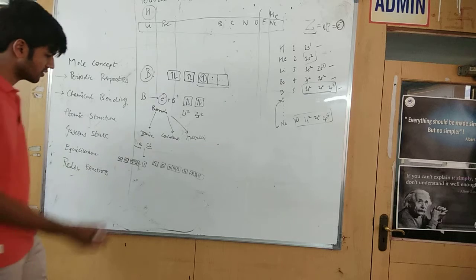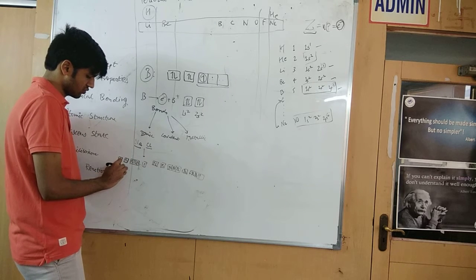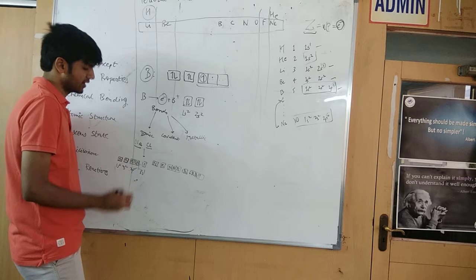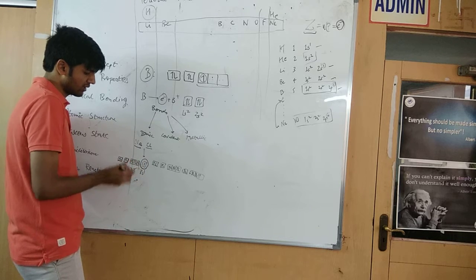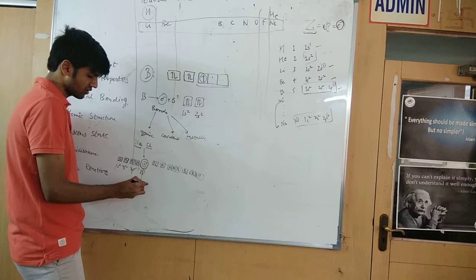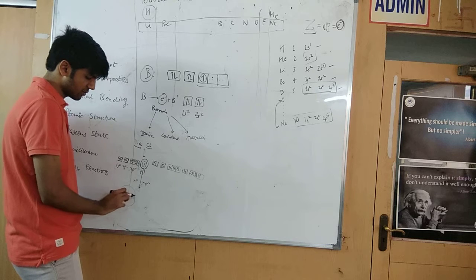So what we can say is 1s2, 2s2, 2p6, 3s1, right? In 3s1, sodium has 1 extra electron. If it loses that electron and becomes sodium plus, then it is a stable state.